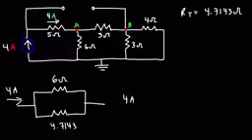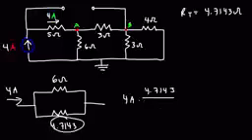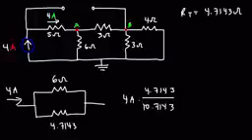So to calculate the current flowing through the 6 ohm resistor, it's going to be 4 times 4.7143 divided by the sum of those 2 resistors. So 6 plus that number, that's going to be 10.7143.